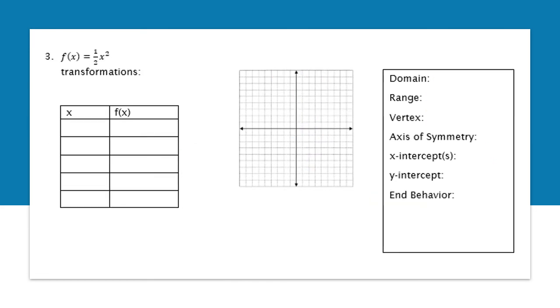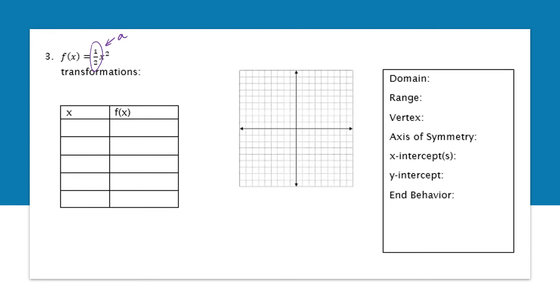In this function, there are no shifts. It's not going to get shifted left or right. It's not going to get shifted up or down. The only thing that's different from this function and the parent function has to do with that 1/2. And this 1/2 is actually your a value. So it's going to affect whether your graph has a stretch or a shrink.